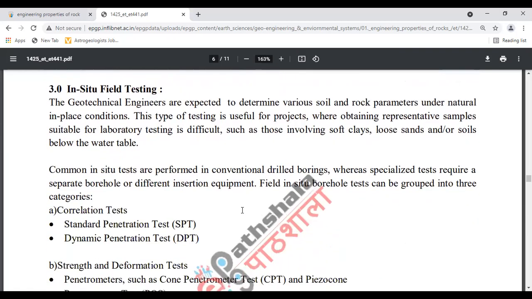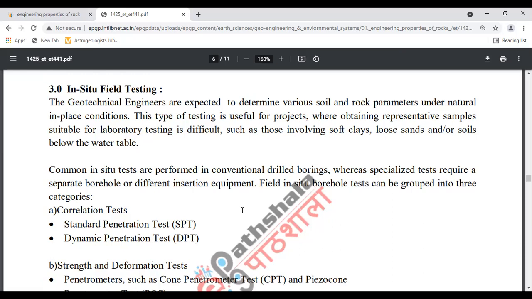The geotechnical engineers are expected to determine various soil and rock parameters under natural in-place conditions. This type of testing is useful for projects where obtaining representative samples suitable for laboratory testing is difficult, such as those involving soft clays, loose sands, or soils below the water table.